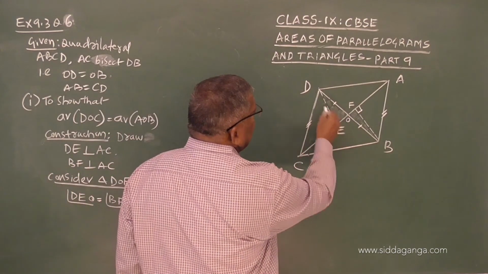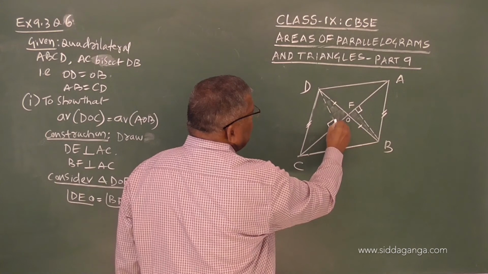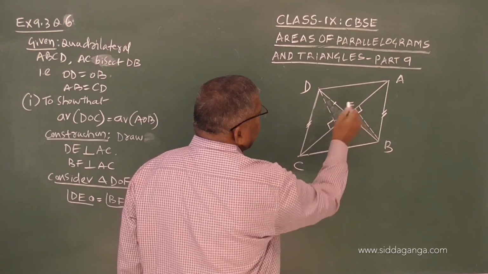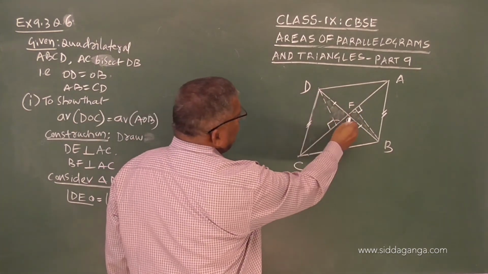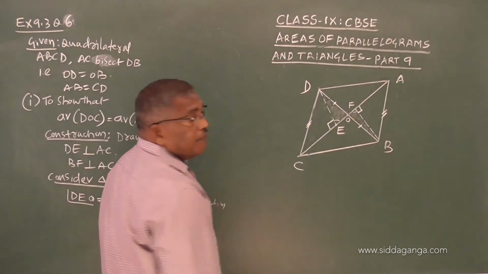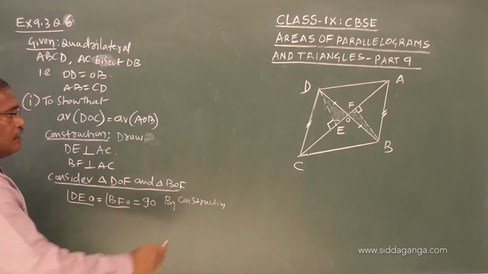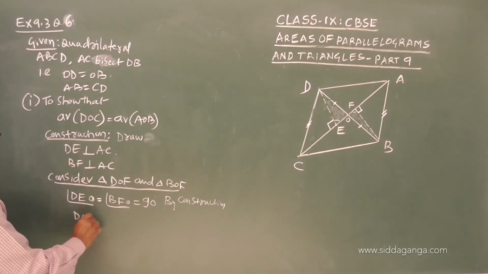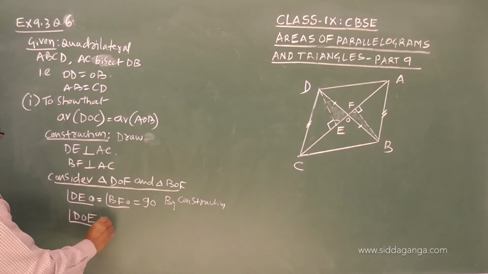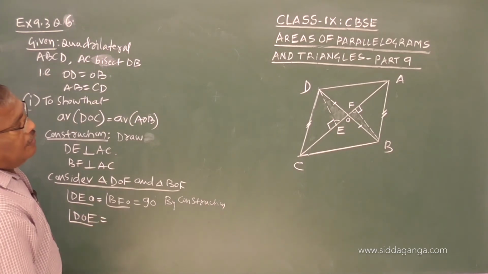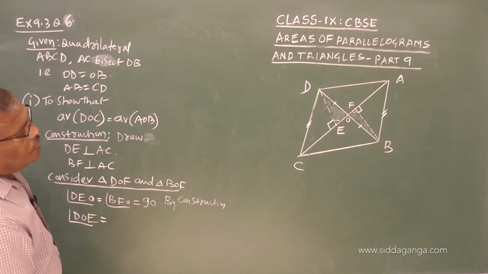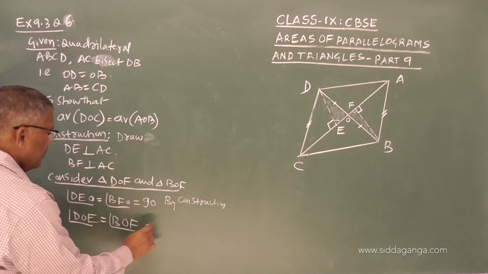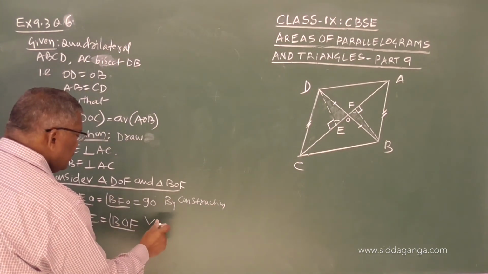So, this inner triangle DEO is this and is this. These two are 90 degrees. And DOE and BOF are vertically opposite angles, they are also equal. DOE is equal to BOF. The reason is vertically opposite.